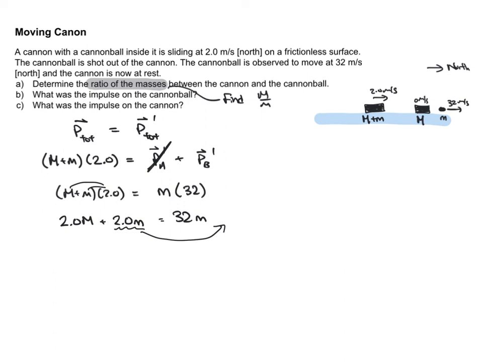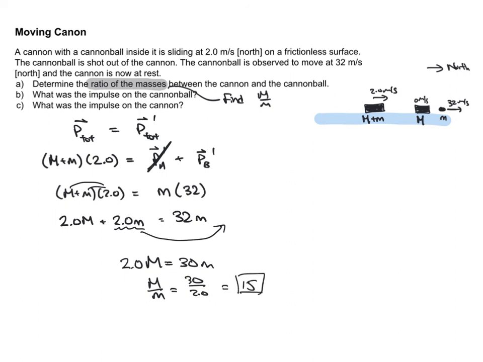That leaves me with 2 capital M's on the left, and 32 minus 2 gives me 30 lowercase m's on the right. Now, I need to rearrange this to look like M over m, and that's accomplished by dividing both sides by lowercase m, as well as dividing both sides by 2. So 30 divided by 2 is 15. So that's the answer.